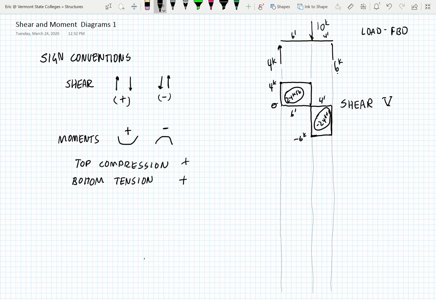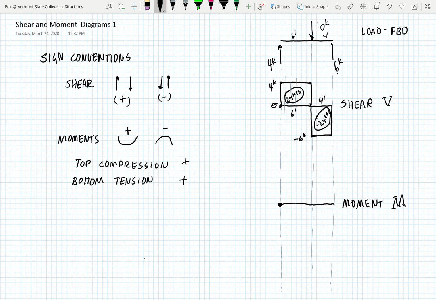Looking at the moment diagram, we're going to draw our 0. The moment diagram is a measure of the change in area of the shear. So, just at the point of support, there's no area of the shear diagram.